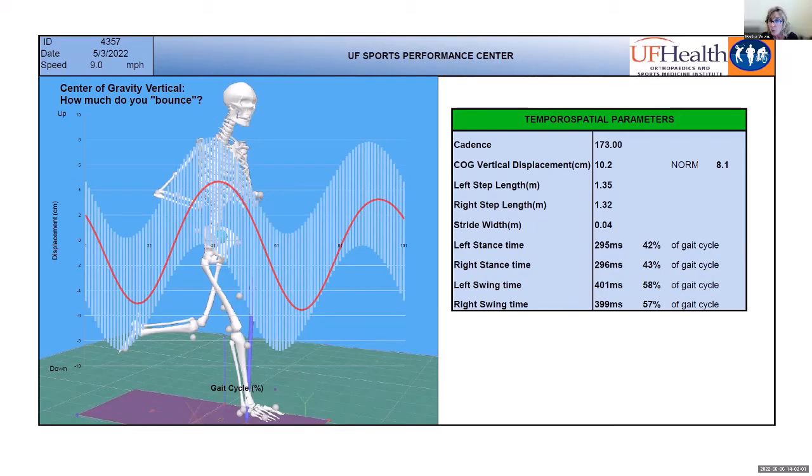Even at his comfortable pace, he was going 171, and that's great. But we look at the speed change from 171 to 173, and here's where the issue about speed comes from. We know that your step lengths are going to increase a bit with faster speed. That's normal. We just want to make sure you're also trying to move your feet faster, so your cadence should go up a little bit. That's what we're hoping for.